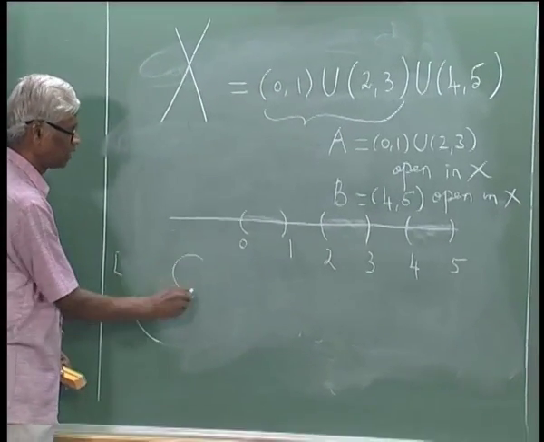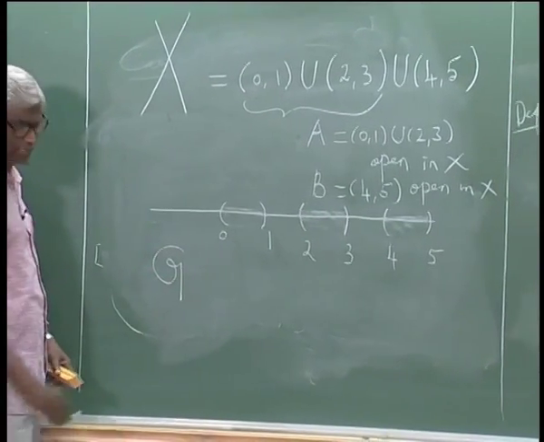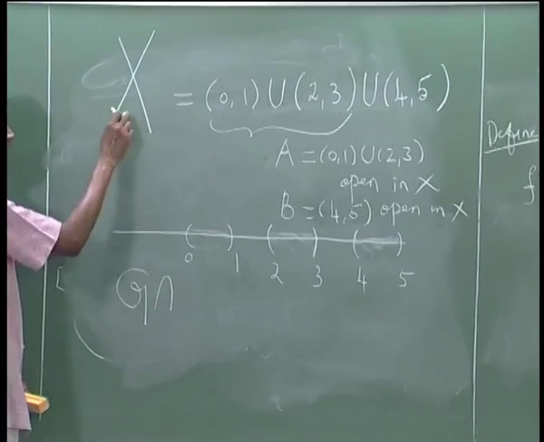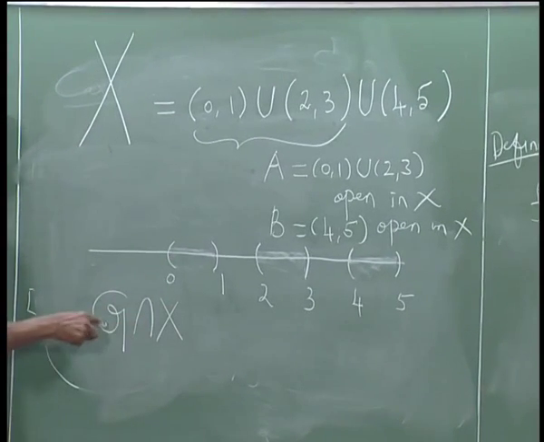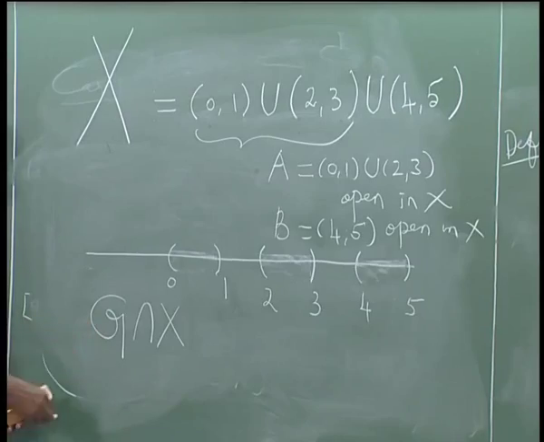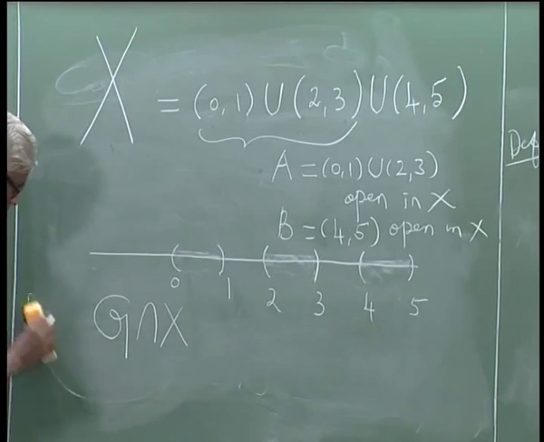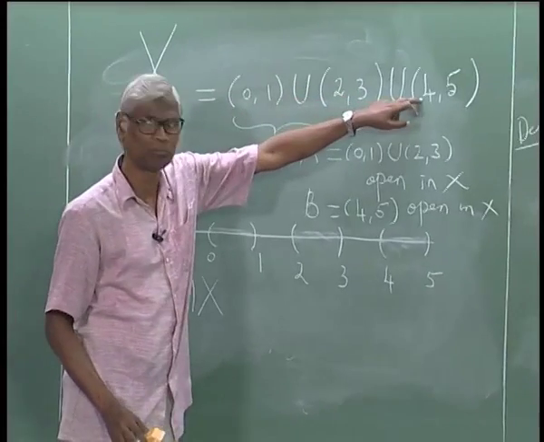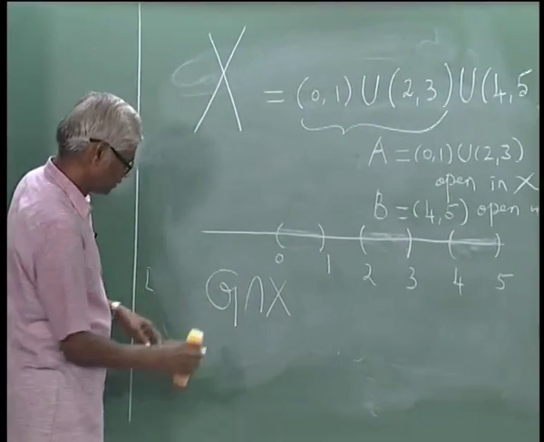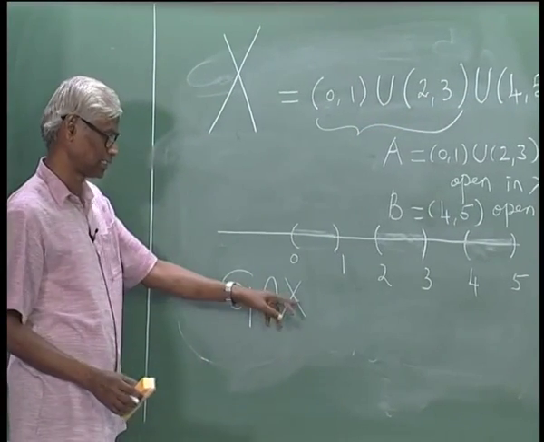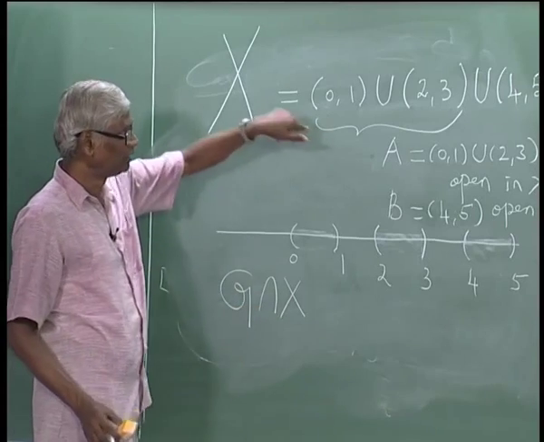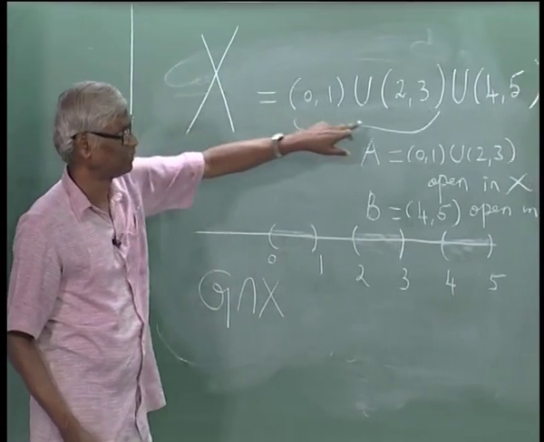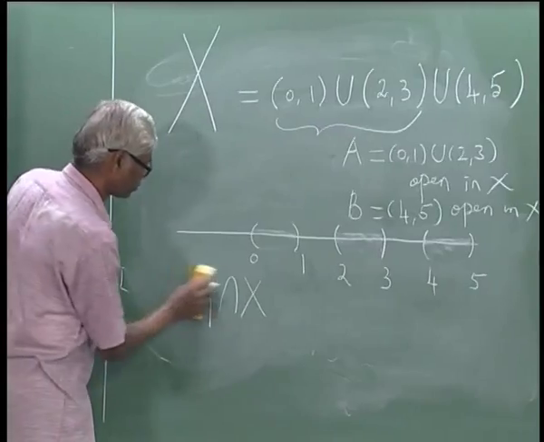We should get an open set in the whole space intersected with the subspace. Here G itself is open, the subspace is X, and X itself is open. So if G is open, then G intersection X will be open in X; in fact it is open in the whole space.